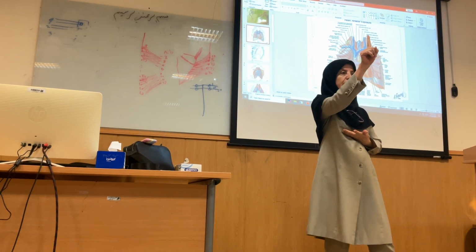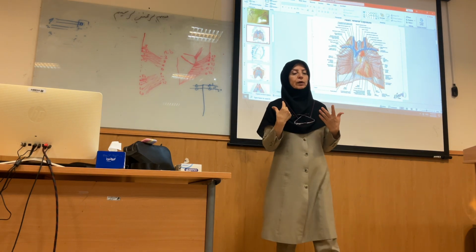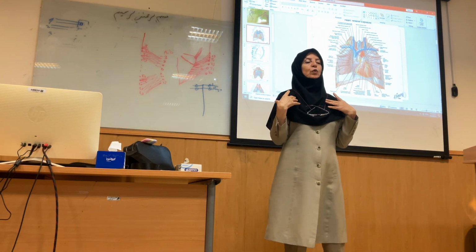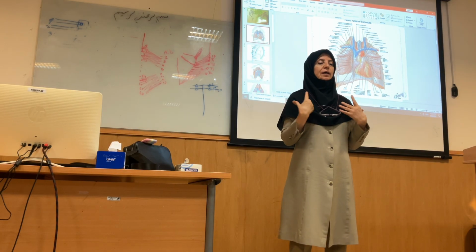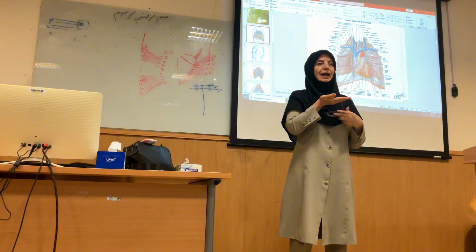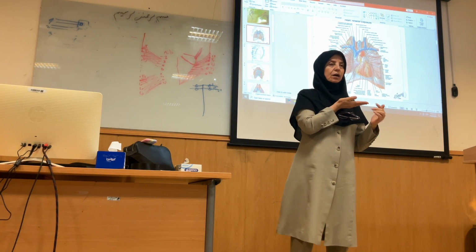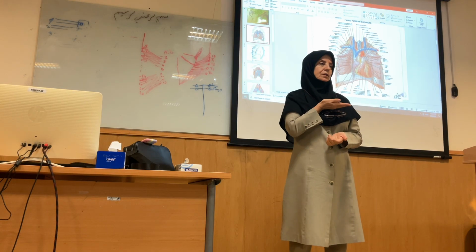Normally when I stand in normal anatomical position, the heart is like my hand. Two-thirds of the heart is on the left side, one-third is on the right side.